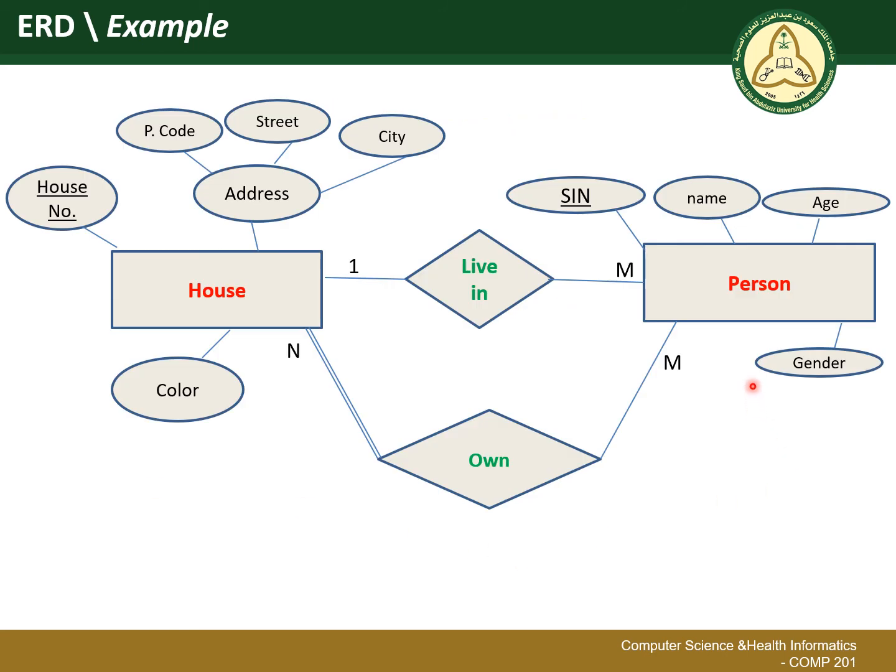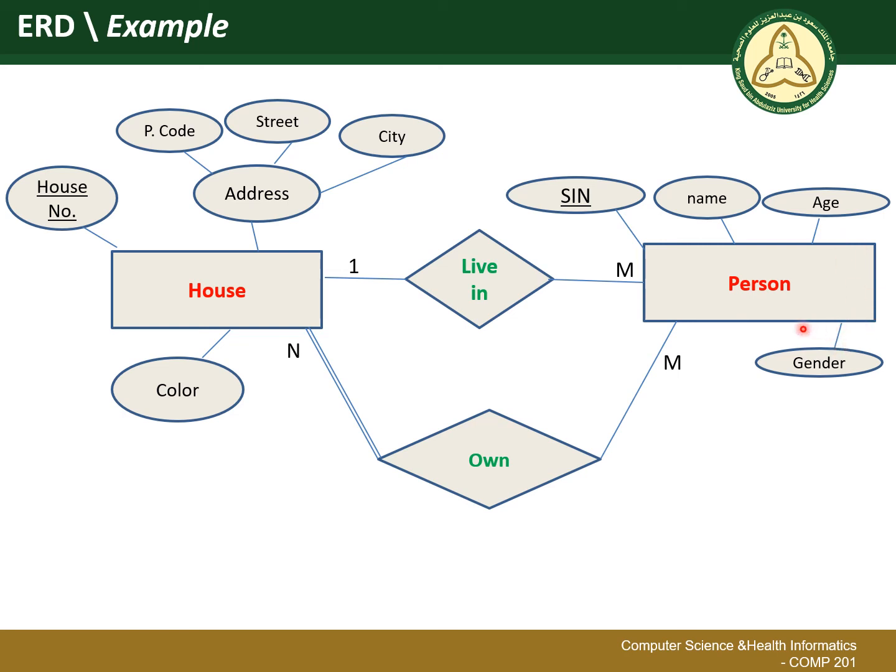So here each one is represented as an entity in a rectangle shape. So we have the person and we have the house, and each entity has attributes.